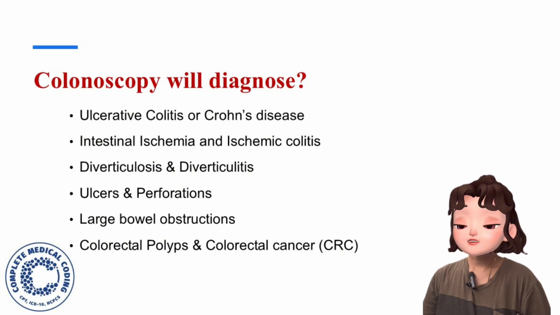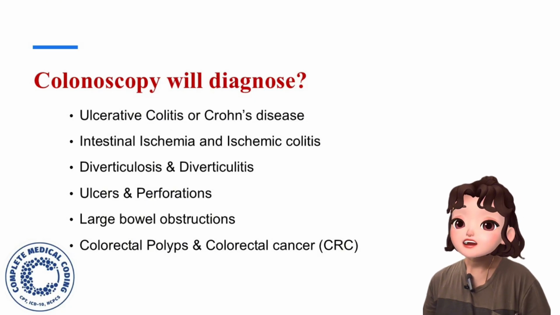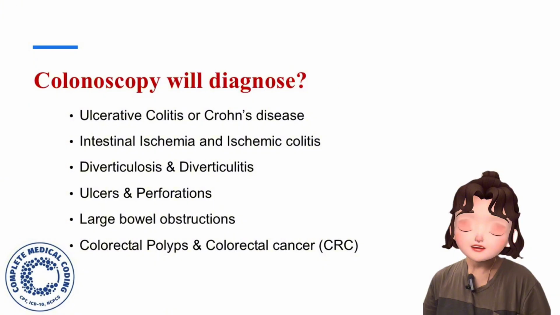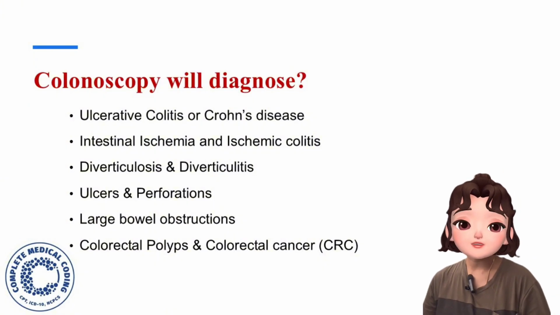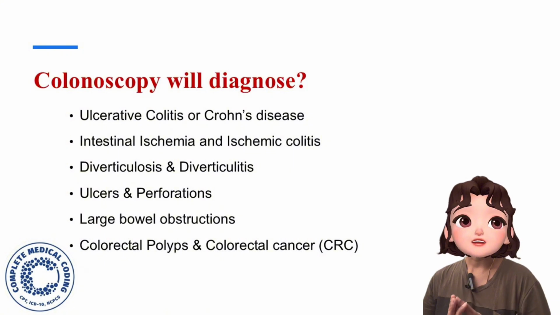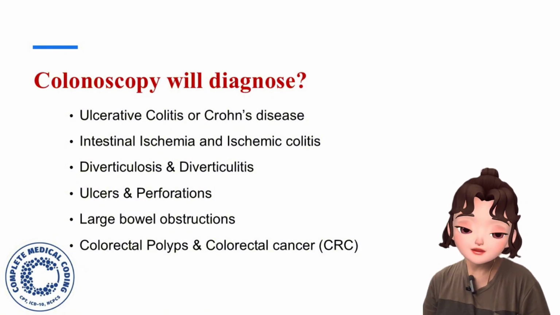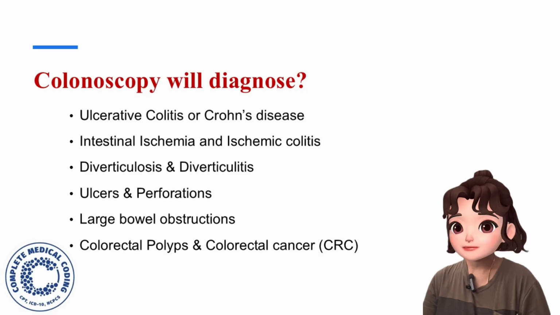Now, what are the conditions or diseases that can be diagnosed through a colonoscopy? That is also an important question that you might get in your terminology exam or in an interview.